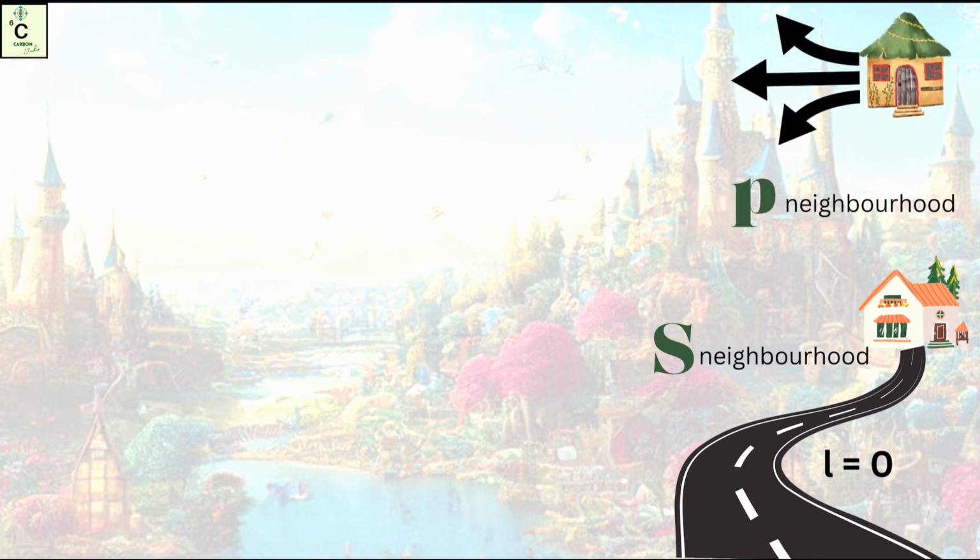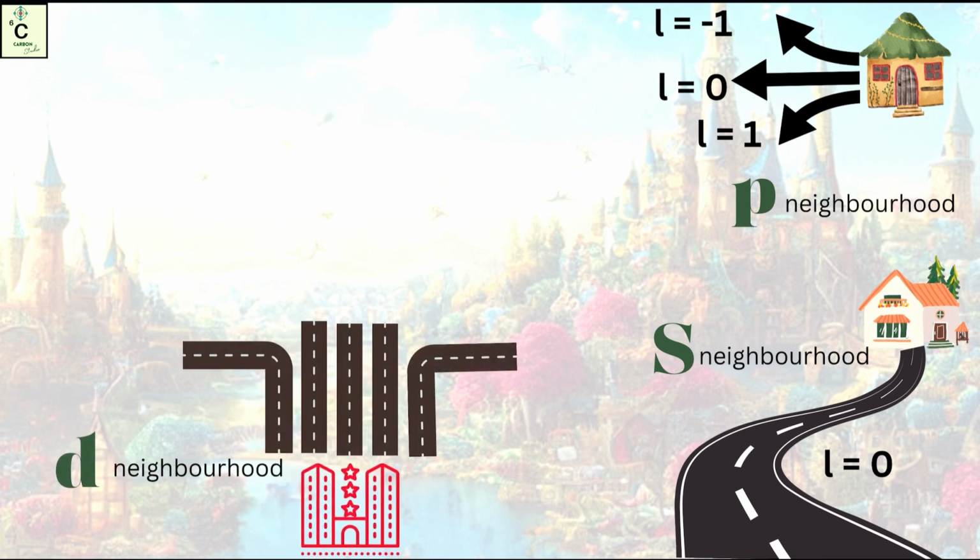In the P neighborhood, it was named with numbers beginning from -1 to 1. So the 3 streets were -1, 0, and 1. For the D neighborhood, instead of beginning with 1, the king started with 2. Therefore, the streets were named with numbers ranging from -2 to 2.